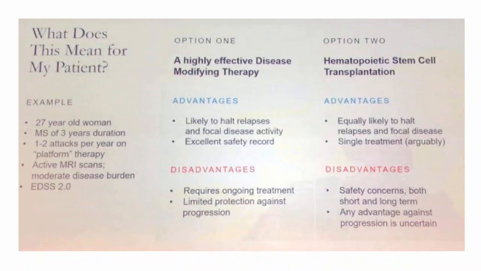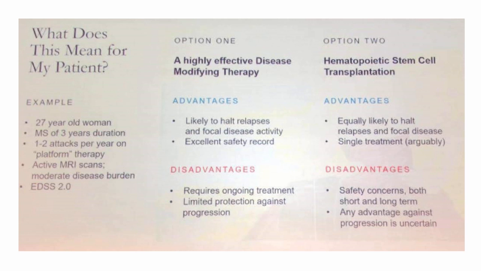Now, if you look at the advantages on both fronts, they're both likely to halt relapses, and they do have good safety records. With HSCT, you are looking at a single treatment option. No one's been brave enough to go and repeat this one, but if you repeat it, the situation may change.